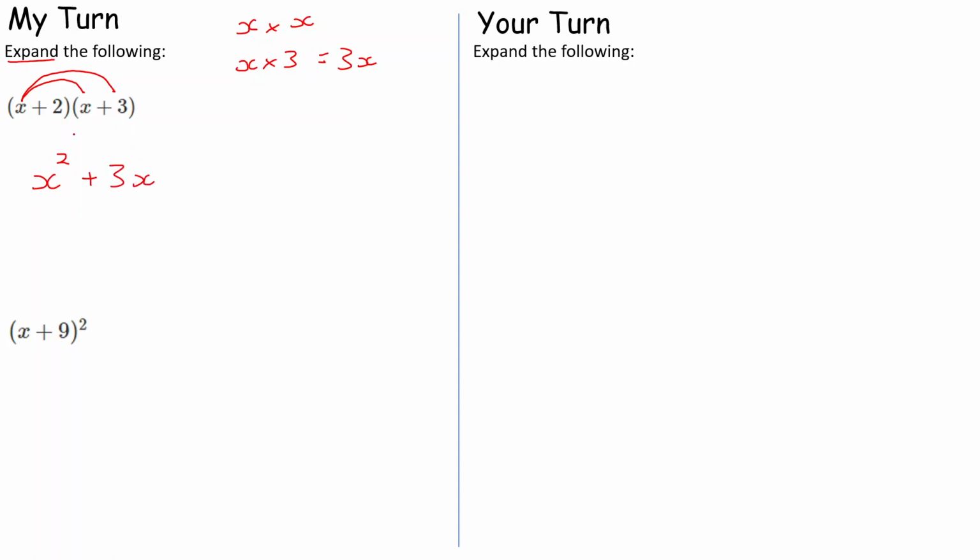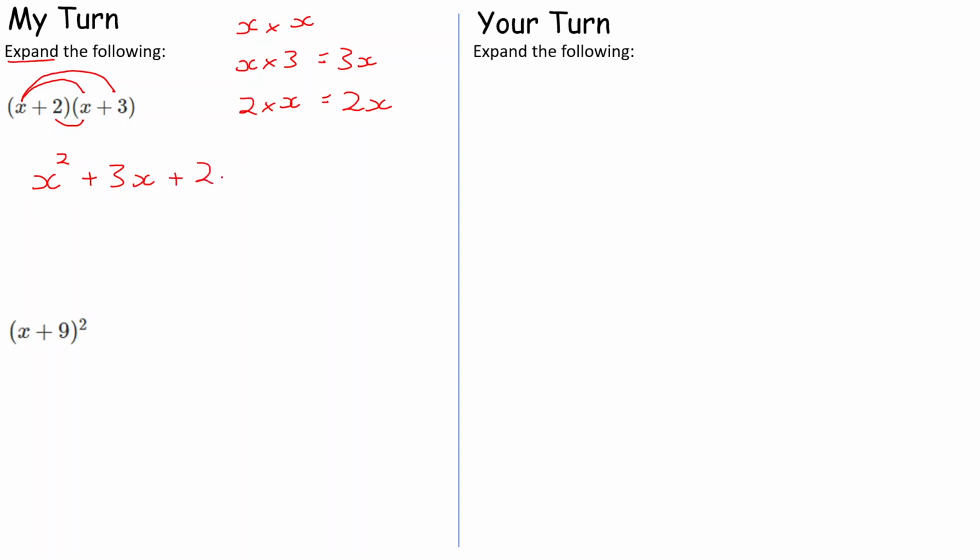You then go to your second term in the first bracket, you times it by the first term in the second bracket, so you're doing 2 times x. 2 times x you can write as 2x. Again, in maths, if you're timesing together, you just group it together. So we've got 3x and then plus another 2x.